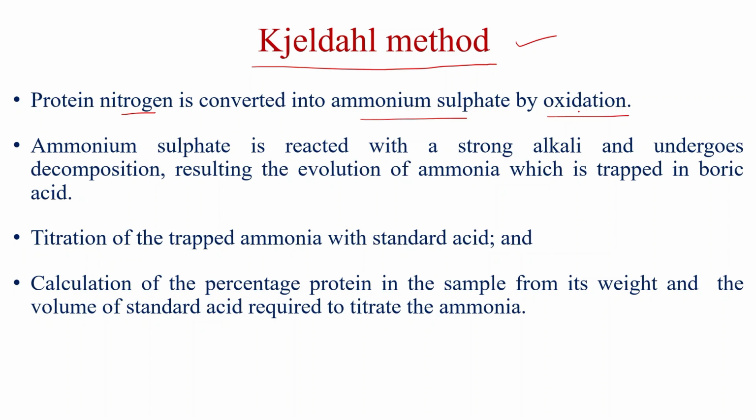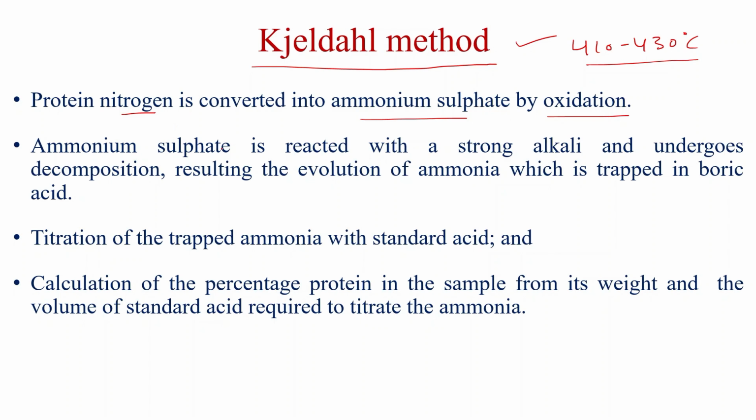Again, the sample is digested using concentrated sulfuric acid at a very high temperature, 410 to 430 degrees Celsius, and all the elements get converted to their respective oxides, while protein nitrogen is converted to ammonium sulfate by oxidation. We will see this in detail in the coming slides.